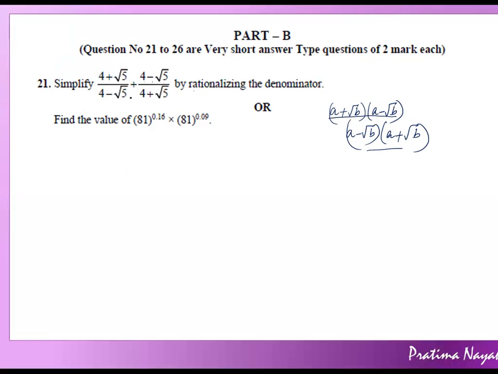So I'll write 4 plus under root 5 upon 4 minus under root 5, and I'll rationalize by multiplying by the conjugate of 4 minus under root 5, that is 4 plus under root 5.